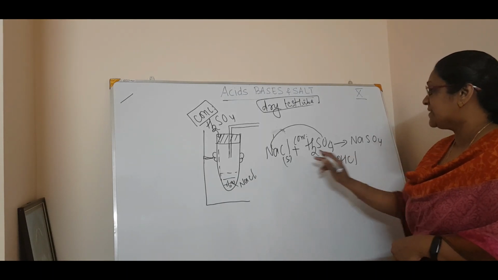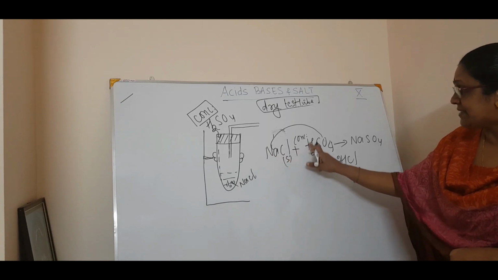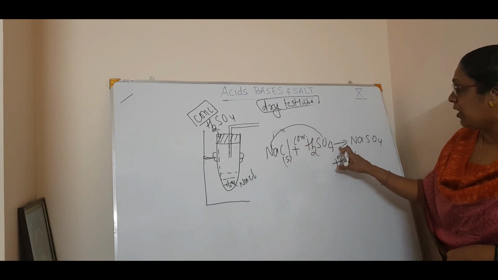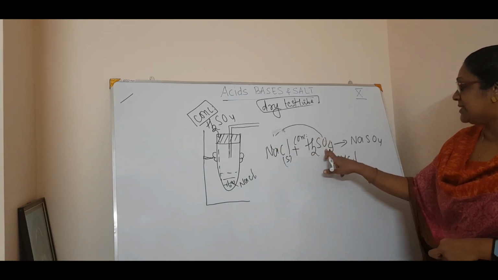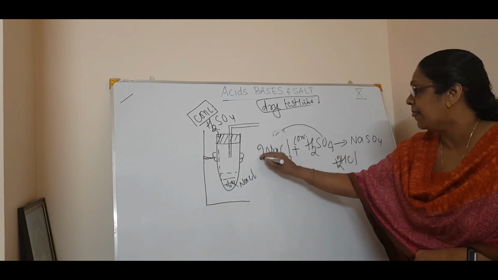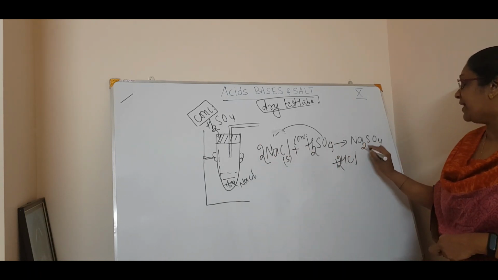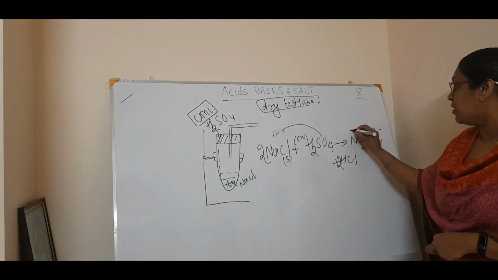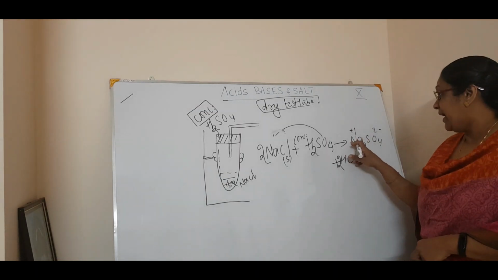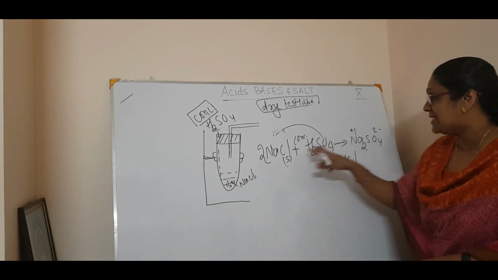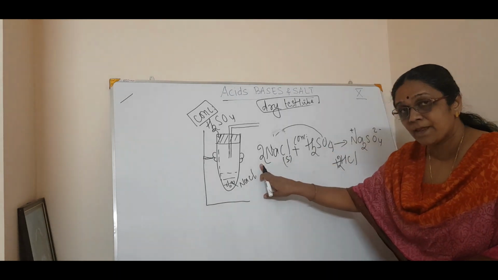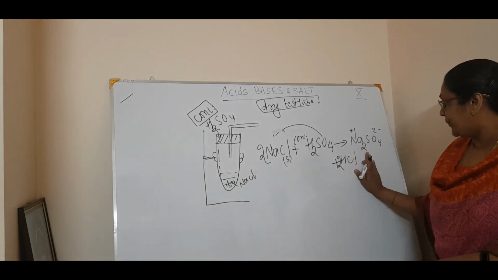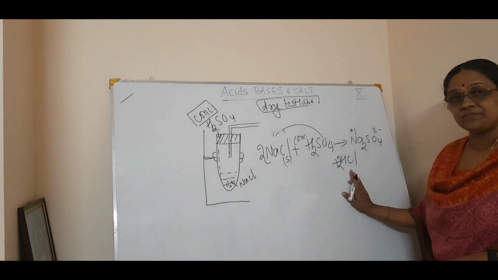So NaCl plus concentrated H2SO4 will give you NaSO4. But can't we write NaSO4? No, because of the balancing, -2 plus 1. So you have to write Na2SO4. So for balancing you have to put 2 here. You know that. Okay. So Na2SO4 plus 2HCl.